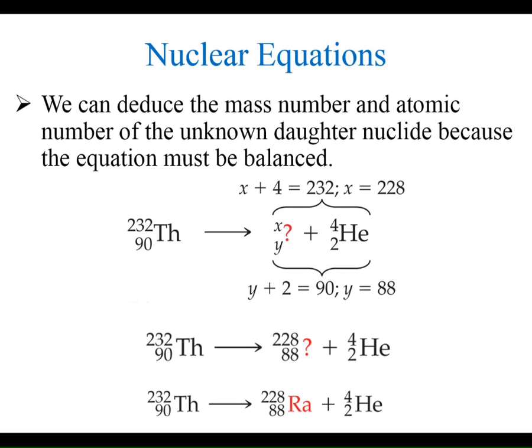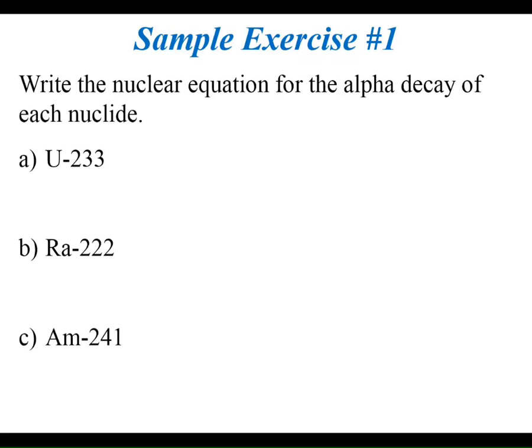Okay, so let's try a couple here. Let's try uranium 233. I'm going to do that one with you. So, what's the atomic number of uranium? 92, right? You find it there on your periodic table. Okay, it undergoes an alpha decay, it says.